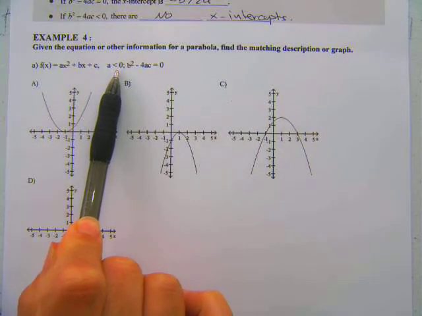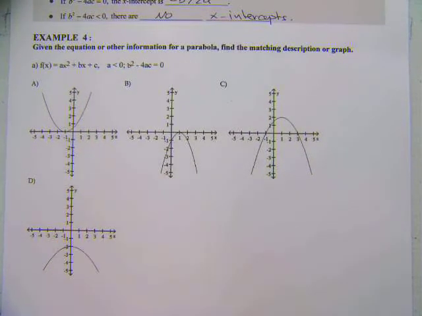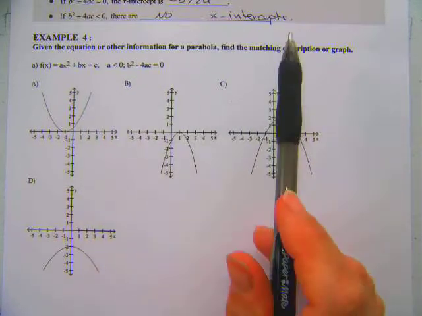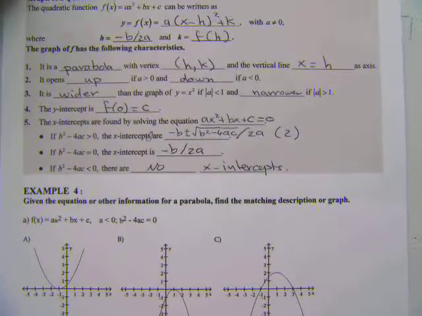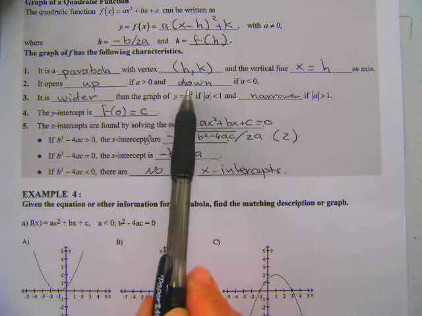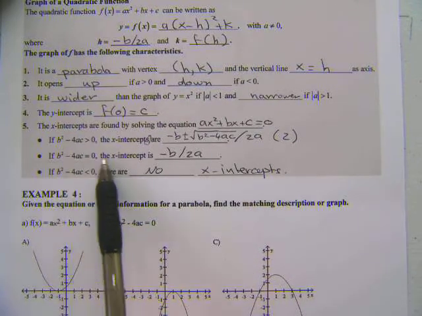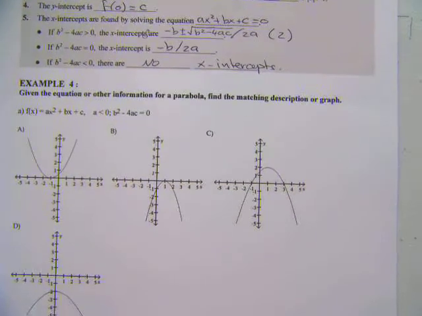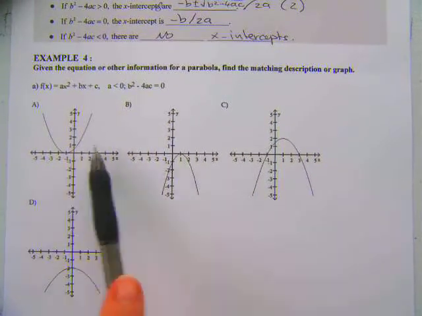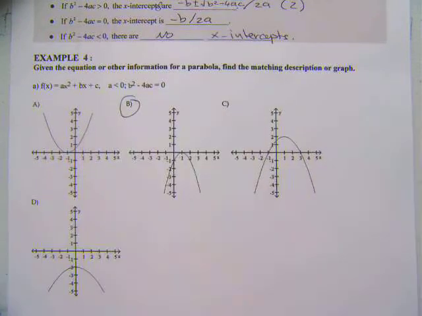When a is less than 0, it opens down. And the discriminant is equal to 0, so there's only one x-intercept. So can you choose one of these three? Which one has a parabola opening down and intersecting the x-axis in only one point? That's the only one, B.